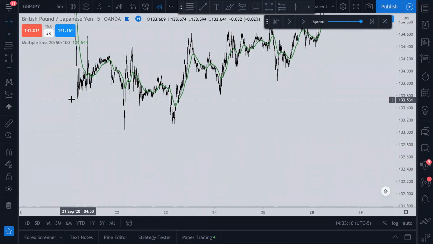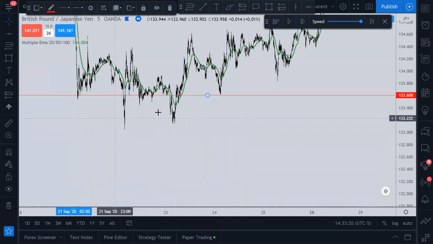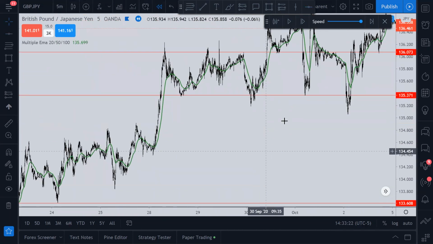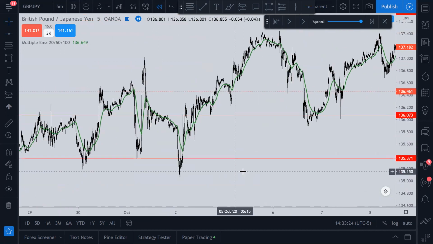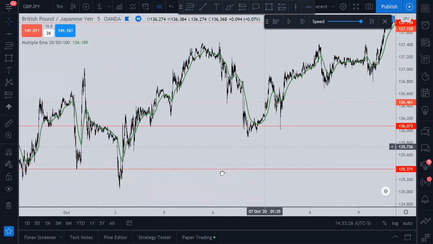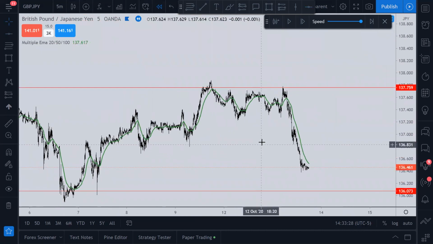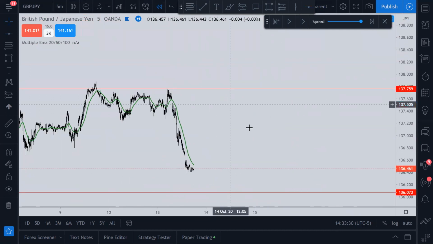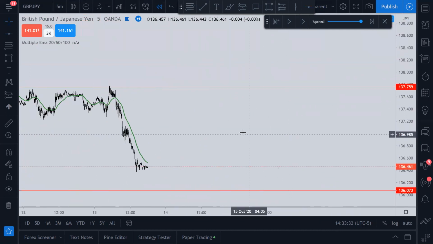Let's see how it looks when we blow it up. Maybe this area here. I put a few areas of support and resistance on there. I don't like to put too many lines because I don't like a messy chart. I like to work with a neat chart. All right, this is good enough for now.